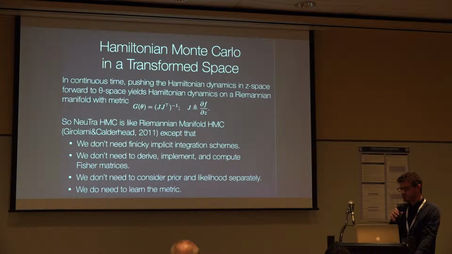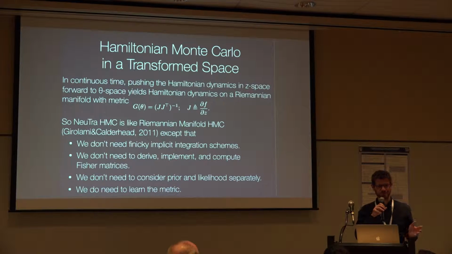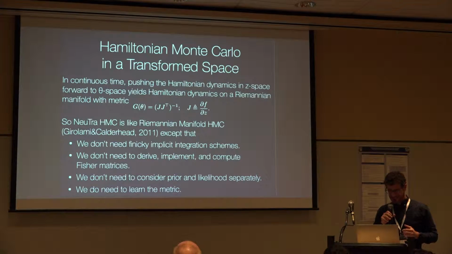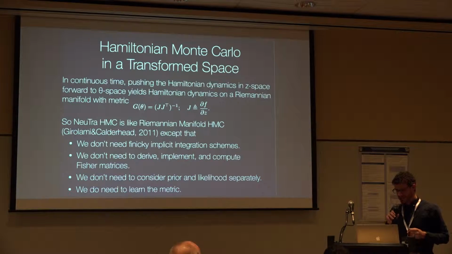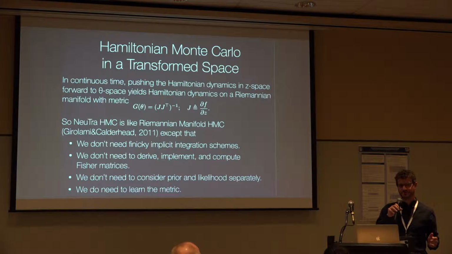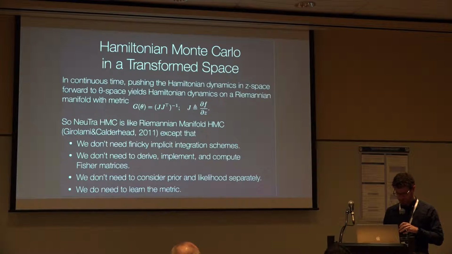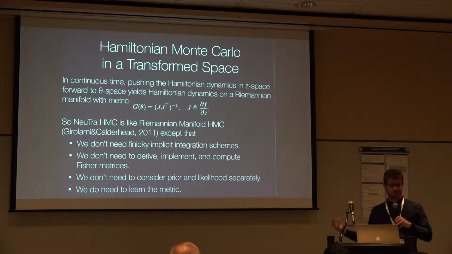Basically, in continuous time, pushing the Hamiltonian dynamics in z-space forward to theta space gives you Hamiltonian dynamics on a Riemannian manifold whose metric is this inverse Jacobian outer product, which is maybe not so surprising, but it's interesting, right? If you like the idea of RMHMC, but you don't like implementing it or using it, as probably some number of people in this room do, this is an alternative.